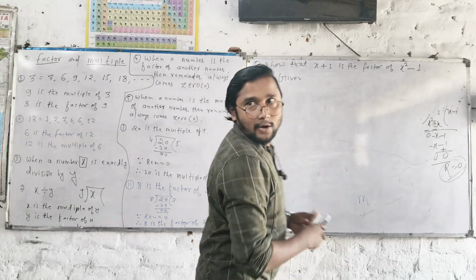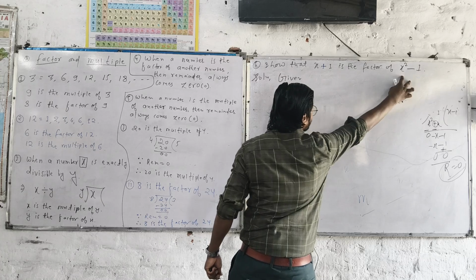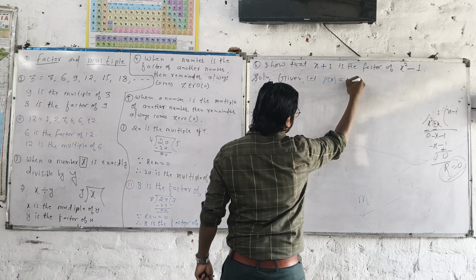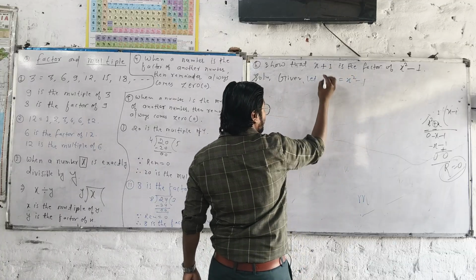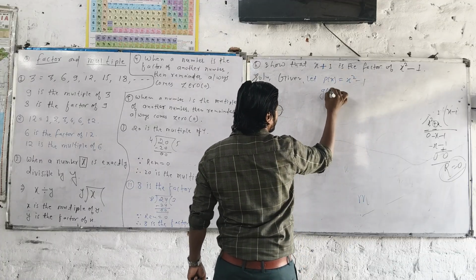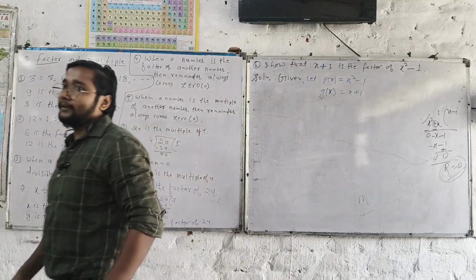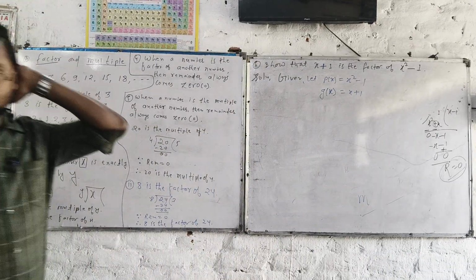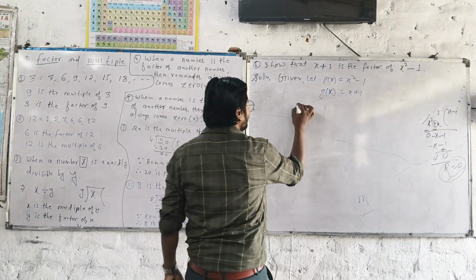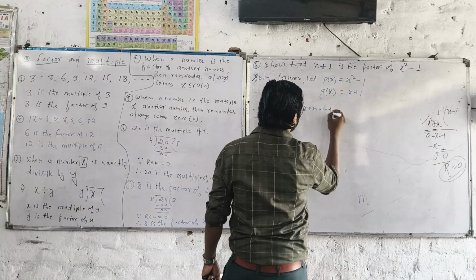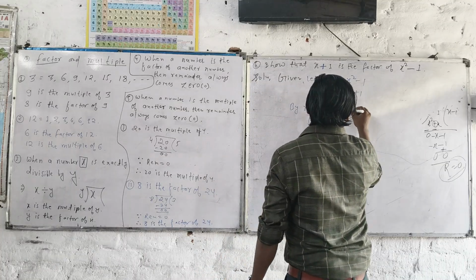you will say, look at the board. Let's assume this polynomial, let p of x equal x square minus 1, and let this one be g of x equal x plus 1, right? Get my point? Now you will say by the remainder theorem.